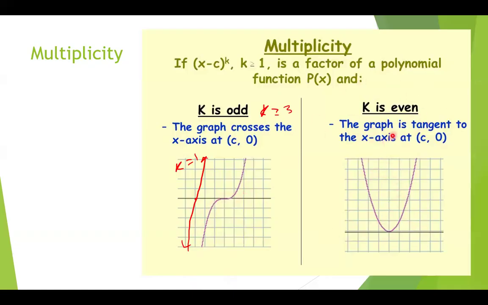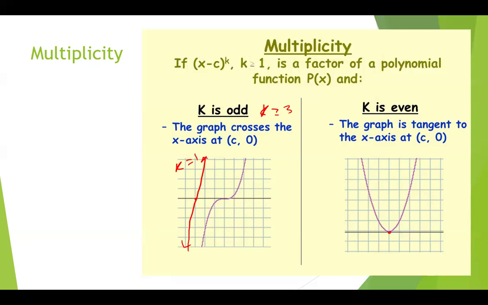If K is even, whether it's 2, 4, 6, 8, whatever it may be, it is going to be tangent to the x-axis. It's going to be sitting, and I call this a kiss. It kisses the x-axis. Just going to give it a little peck. Essentially, what that means is that the sign of your output is staying the same, positive or negative.